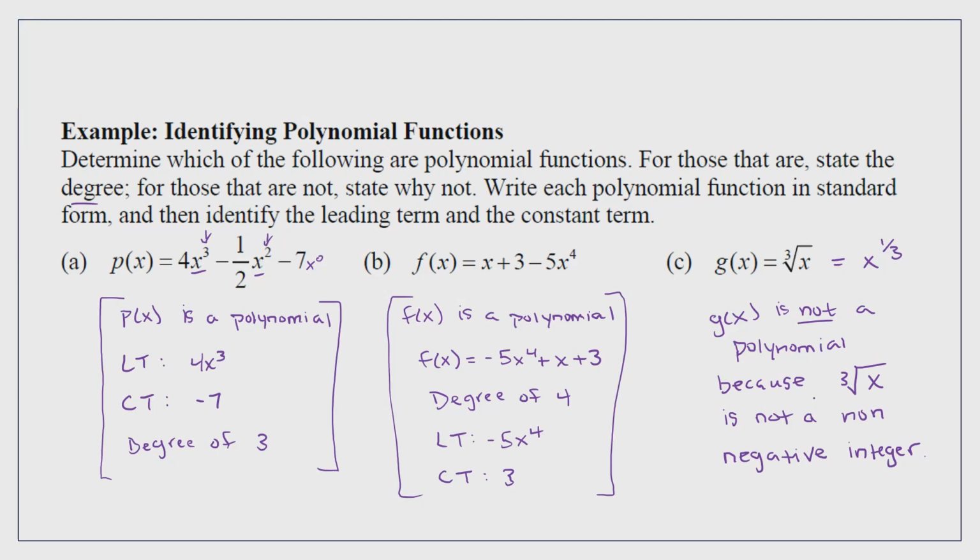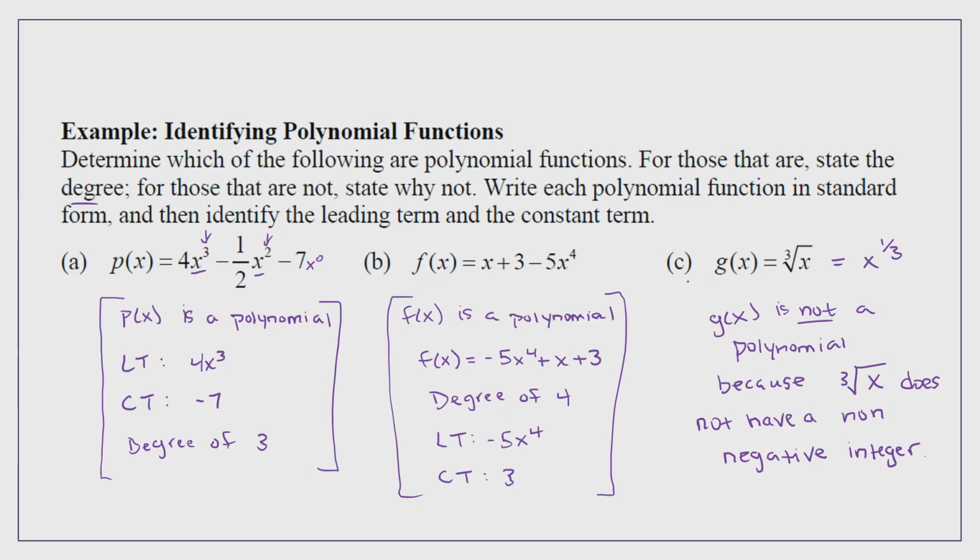Polynomial because... does not have a... I've got to fix this grammar. Does not have a non-negative integer.